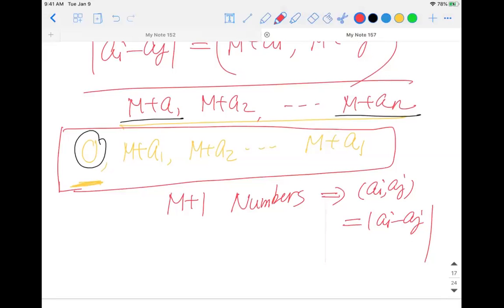Okay. That being said, maybe you're not so happy with 0, right? 0 does not look like a very nice number. It doesn't matter. Think about it.